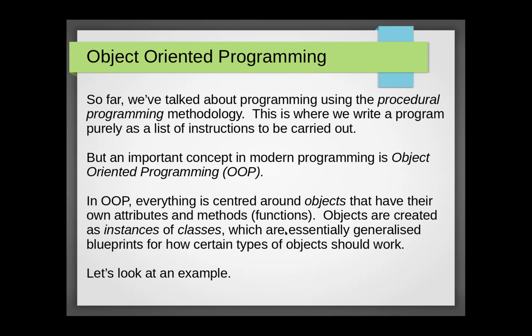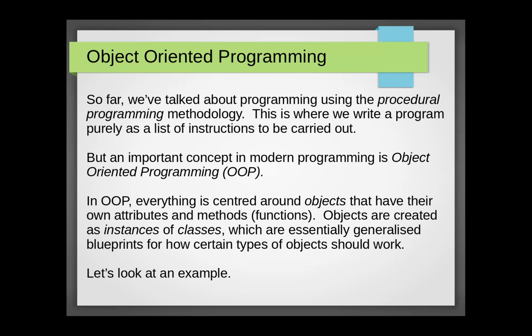Hand in hand with functions is another very important concept. If you're writing anything beyond something fairly trivial or fairly experimental, then you're probably going to want to think about structuring your code in this way. And that's something that's called object-oriented programming, or OOP.